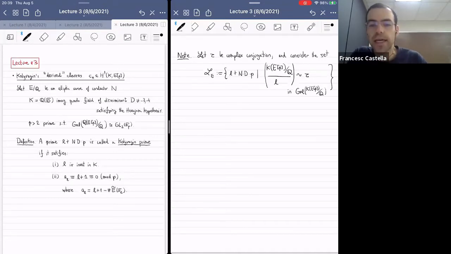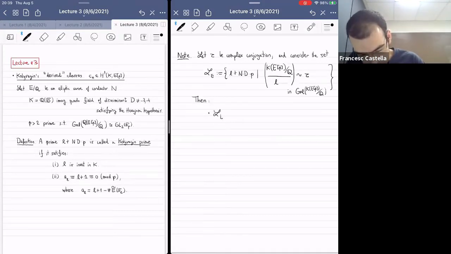Okay, so let's look at this set, which by Chebotarev we know has positive density. So in particular, it's an infinite set of primes. And let's check quickly that any prime in this set is actually one satisfying these conditions. It's going to be a Collvagen prime, and therefore we have an infinite supply of Collvagen primes.